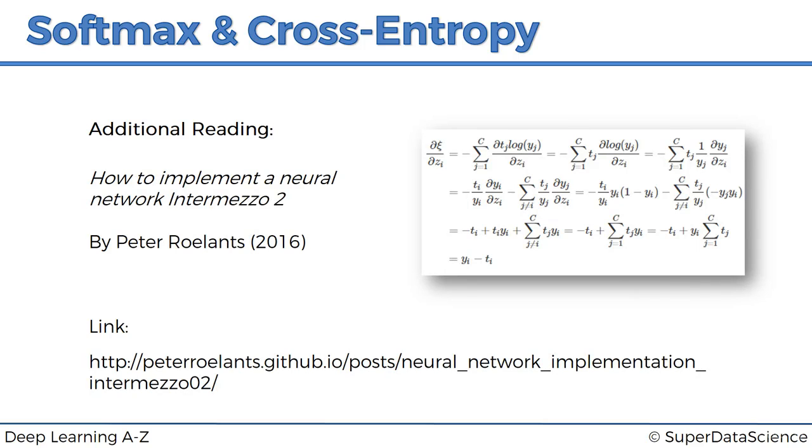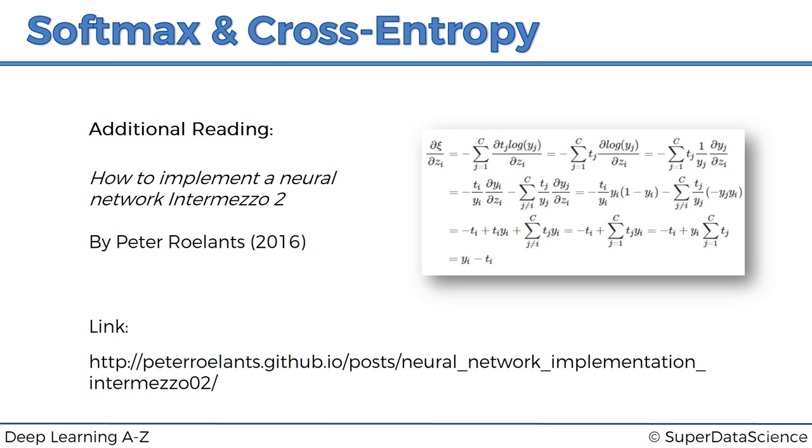If you want to dig into the heavy math, like what you see here, then check out a blog called How to Implement a Neural Network Intermezzo 2. So intermezzo is like an intermediary thing, like when you go to a theater and you have a break between the first part and the second part. Because he's going through all these steps, and then he says, oh, I got to explain this first.